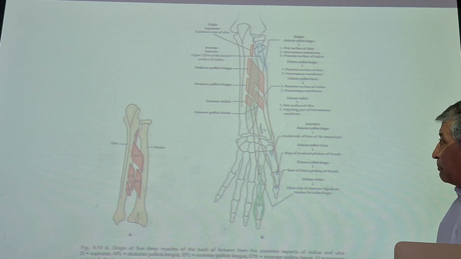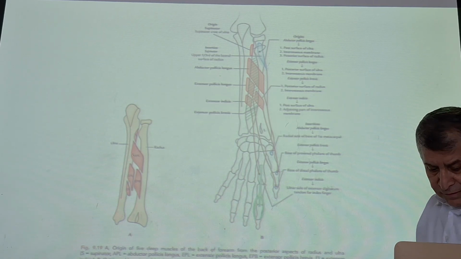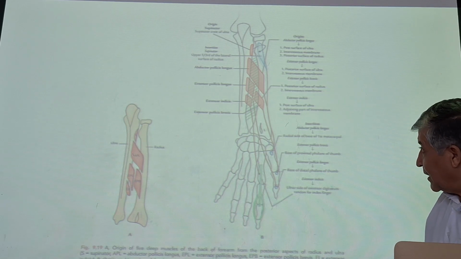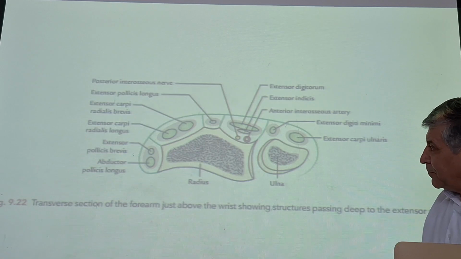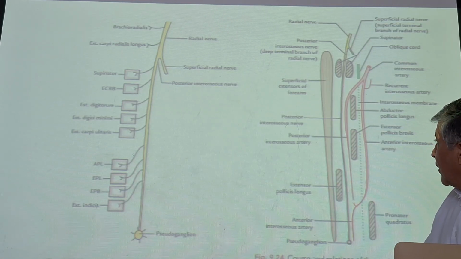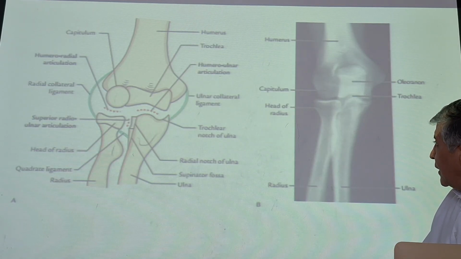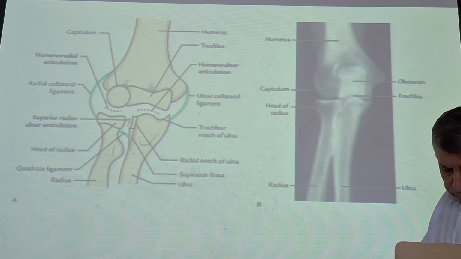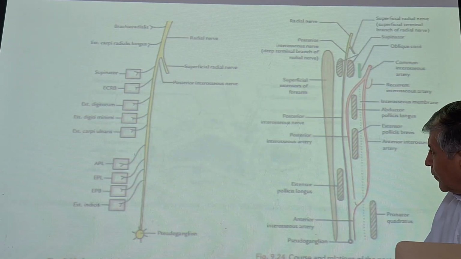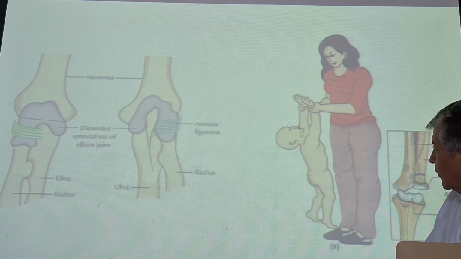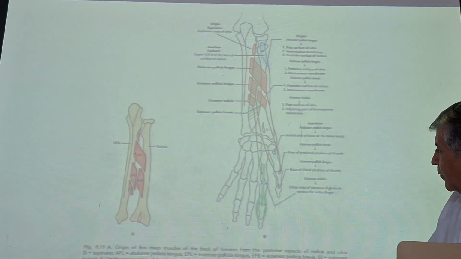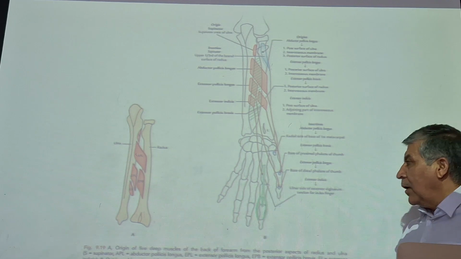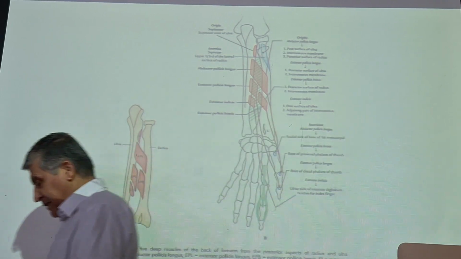These are deep muscles of the posterior compartment, for example, the supinator. What is this?